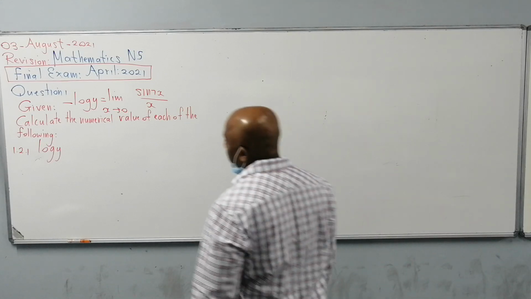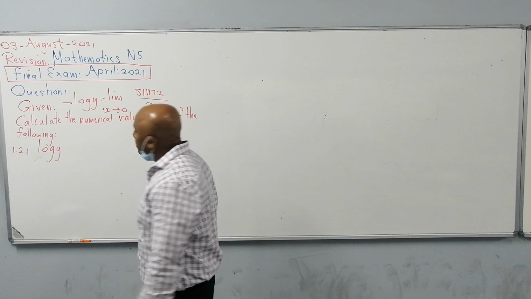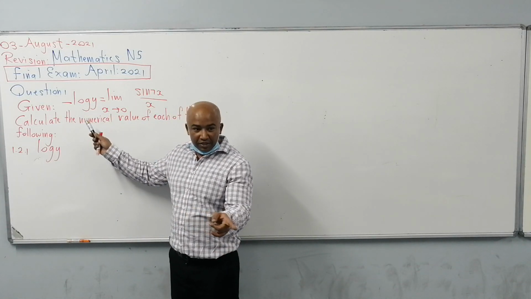Right, so the next one, 1.2.1, this one is 2 marks, log y. So what are we given? Minus log y. Just double check me, I got the questions, eh?